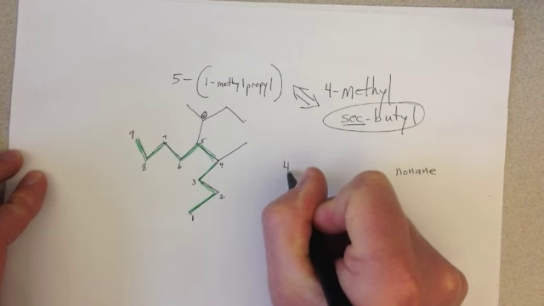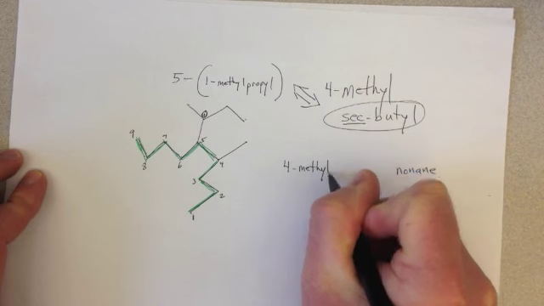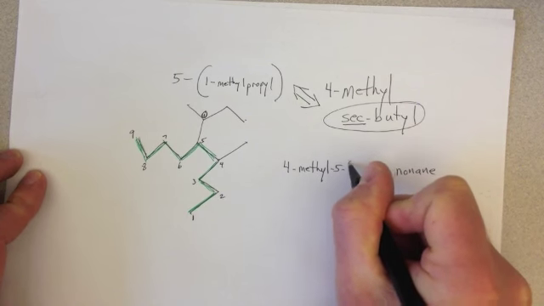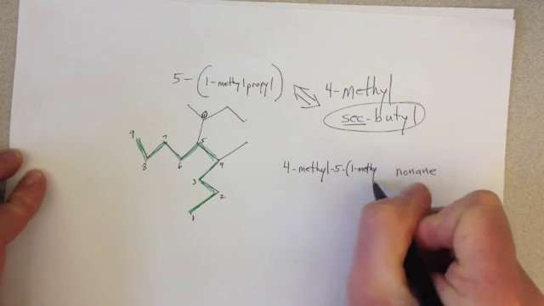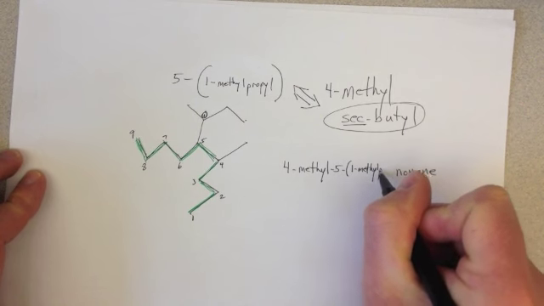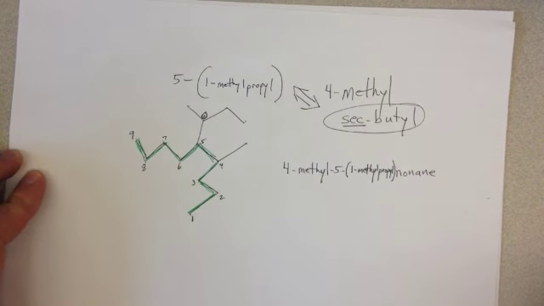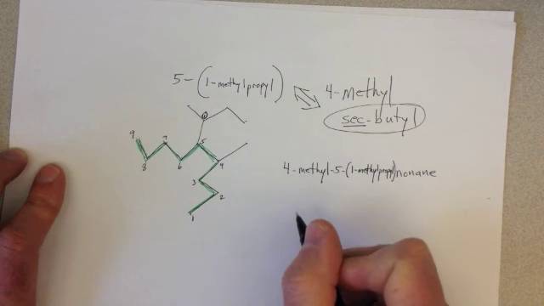So this is a 4-methyl, 5-(1-methylpropyl)nonane. I'm running out of room.